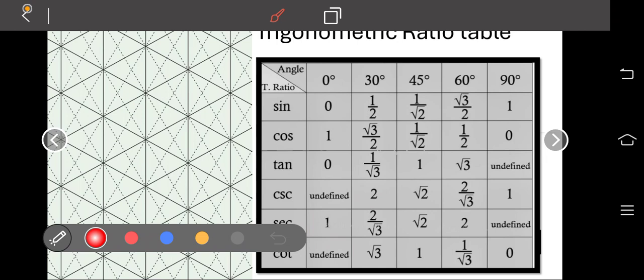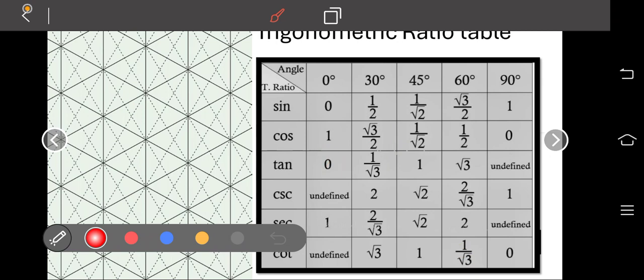And so this is how you do it for secant. And coming to cot, cot is 1 by tan or reciprocal of tan. Undefined, root 3, 1, 1 by root 3, 0 and 0.